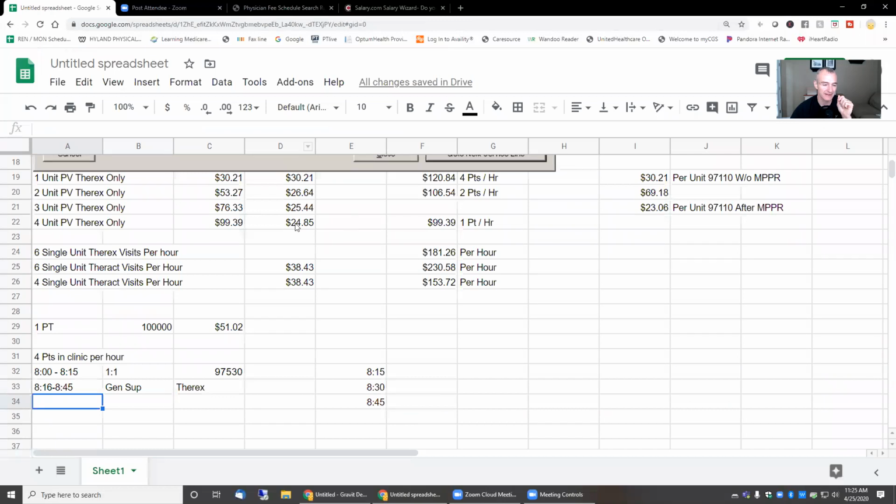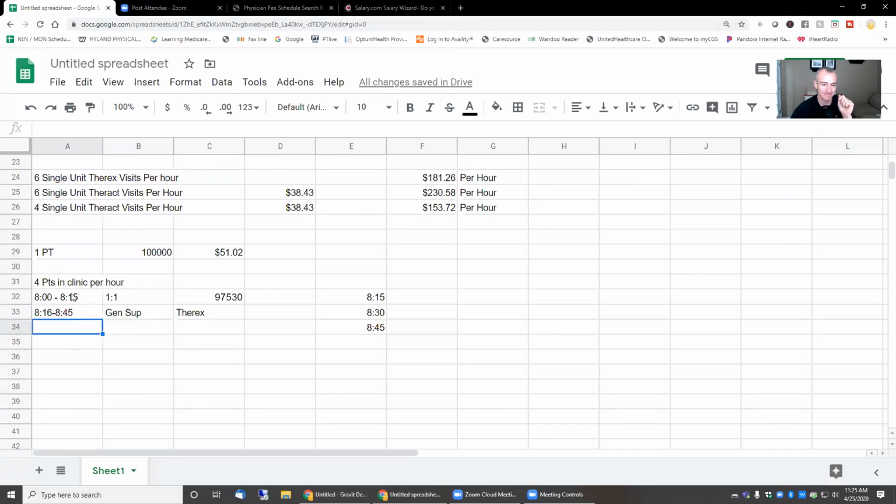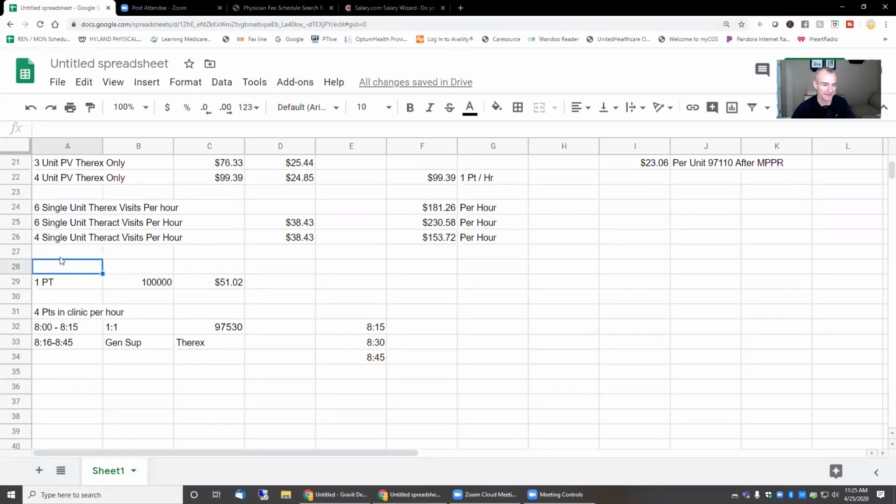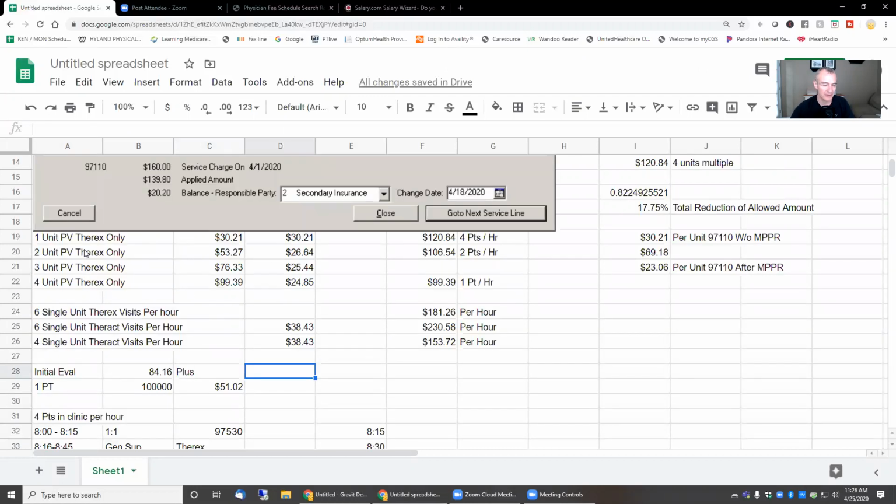So let's go with, let's put it here. Let me find a place to sneak it in here. Initial eval, 84.16. Okay, so we're going to say 84.16 for the eval plus, let's see, we already determined 2 units.